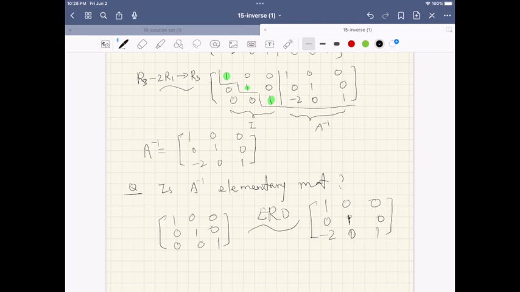And again, the first two rows, first row, second row, they are the same. The only difference is here. You get negative 2 here. So what you can do is multiply negative 2 by the first row and add it to the third row. So R3 minus 2R1 replaces R3. So the answer is yes.